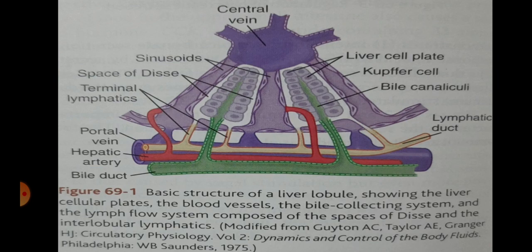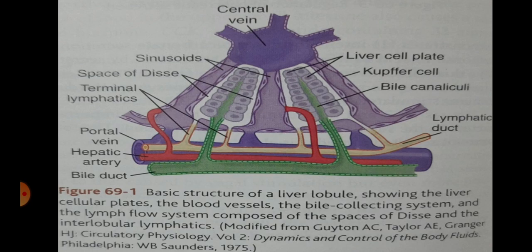The endothelial lining of the sinusoids has extremely large pores, some of which are almost 1 micrometer in diameter. Beneath this lining, lying between the endothelial cells and hepatic cells, are narrow tissue spaces called the spaces of Disse, also known as perisinusoidal spaces.